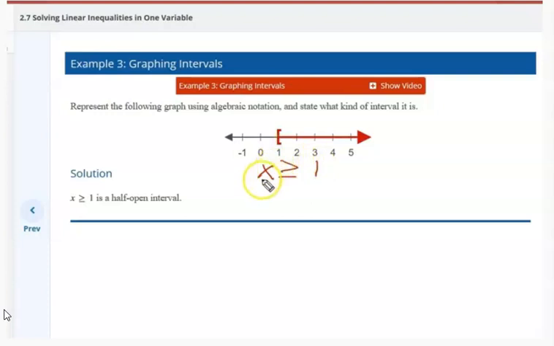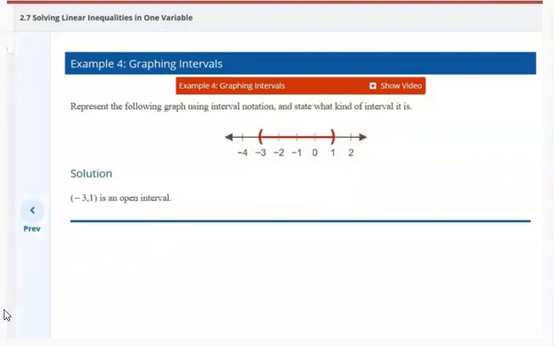And this would be in interval notation, a bracket at 1, comma, and then an infinity symbol with a parenthesis. Now, infinity, whether it's negative or positive infinity, always is associated with a parenthesis. So this would be a half open interval. Again, you're learning some new vocabulary and then seeing how it's illustrated.